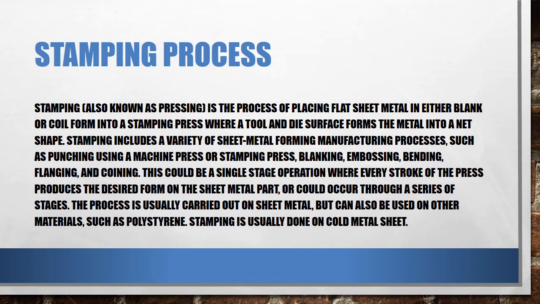This could be a single stage operation where every stroke of the press produces the desired form on the sheet metal part, or could occur through a series of stages.